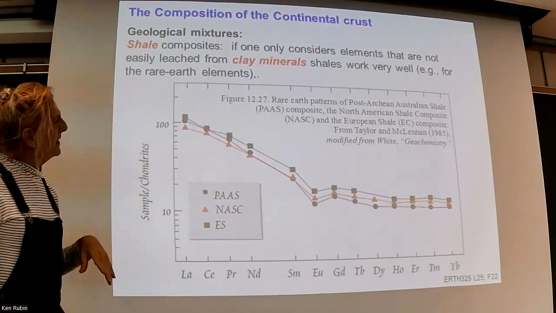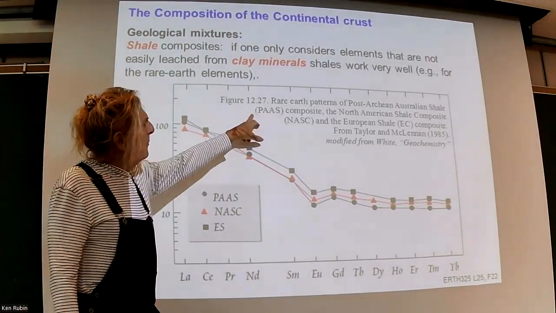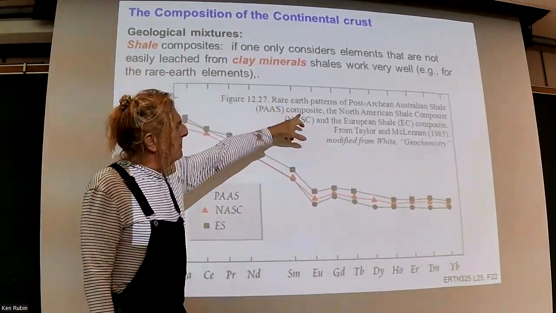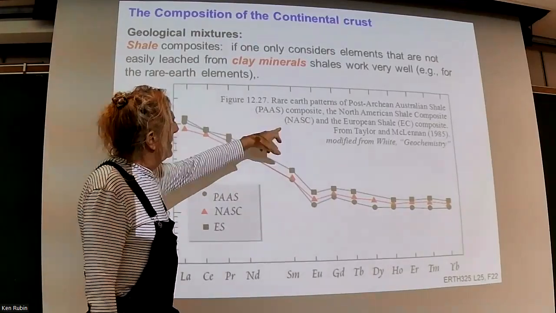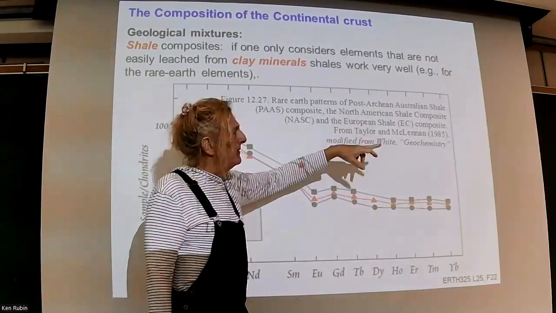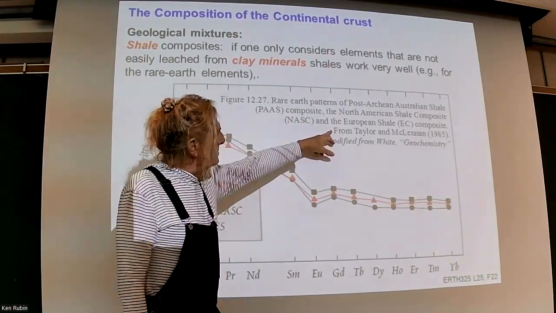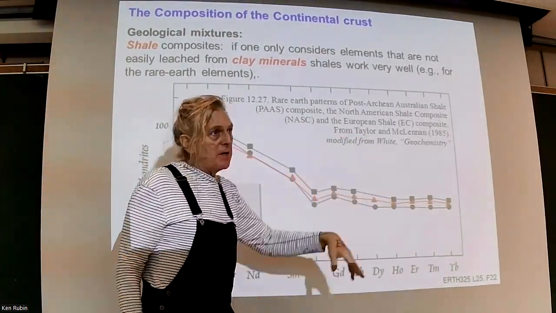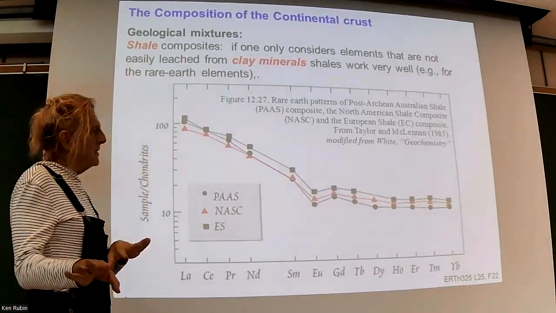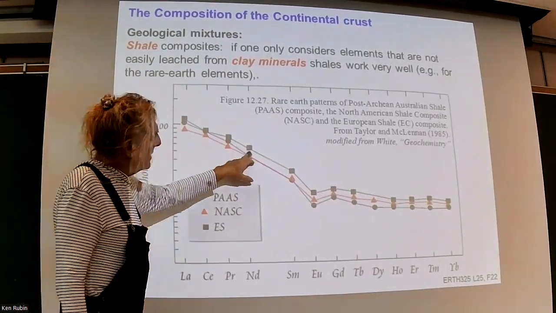And so you can see here some different things. This is one group's composite of North American shale. Here's another composite of European shale. And the third one is basically this early estimate of the average continental crust from the arguments that we just went through. And so all three of them come out pretty similar.